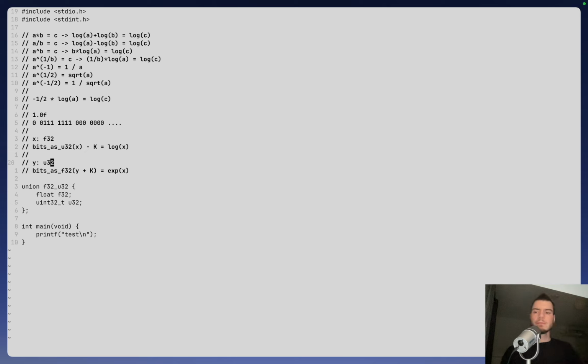We have some integer value y, which, for example, would be about 1 billion.